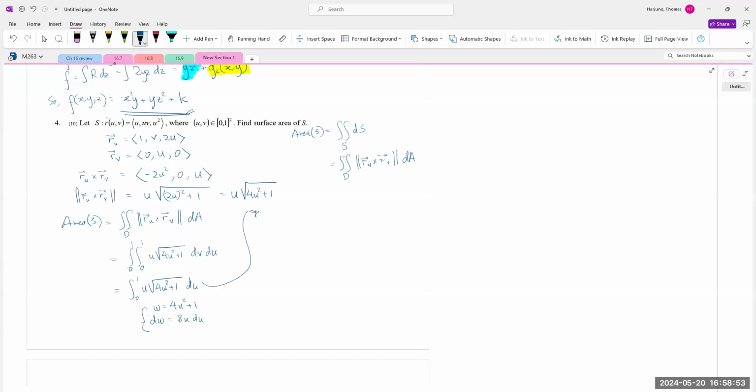So this becomes the integral from 1 to 5 of square root of w dw over 8. So 1/8 times 2/3 w to the 3/2 from 1 to 5. So 1/12 times 5 to the 3/2 minus 1. That's 24/16, reduced by 8, that's 3/2, 1.5.